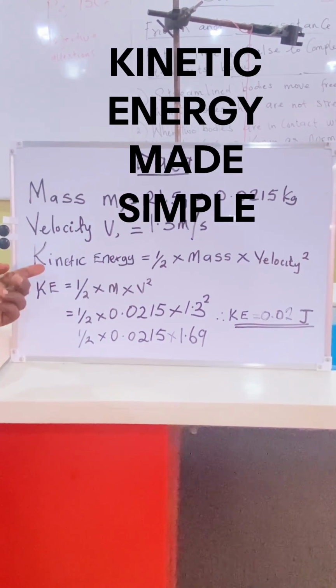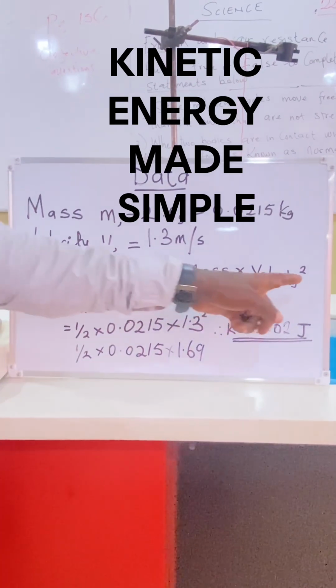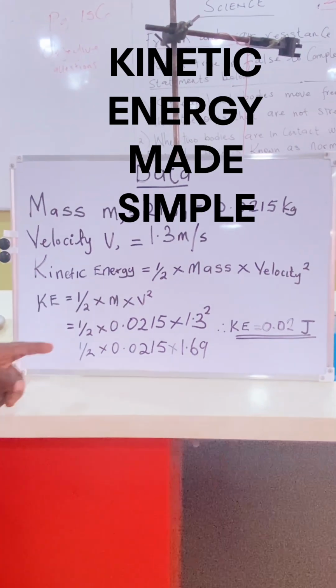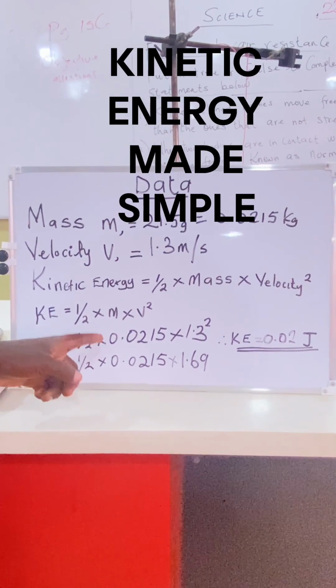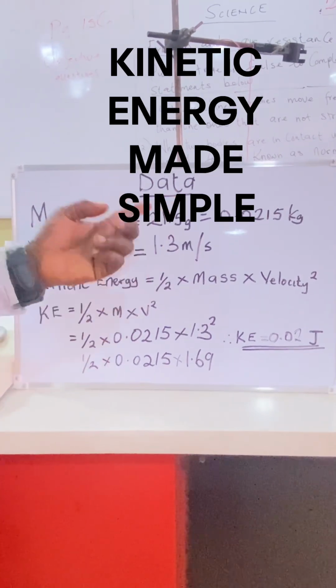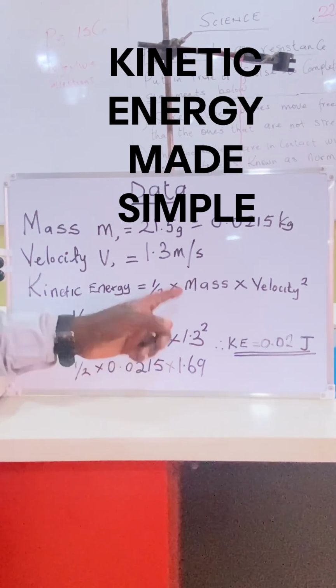So the kinetic energy formula is half times the mass times the velocity squared, which is half times m times v squared. So half times the mass, which is 0.0215, as we converted from grams to kilograms, multiplied by 1.3 squared, which is the velocity.